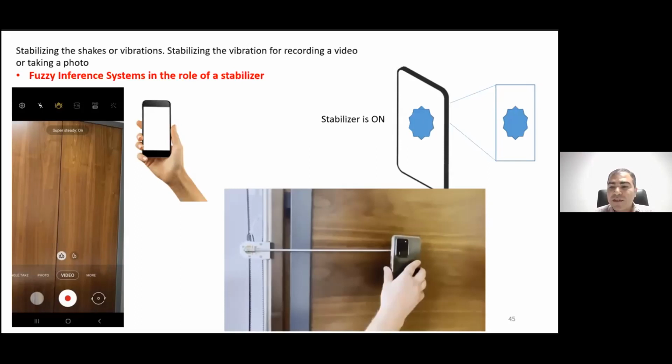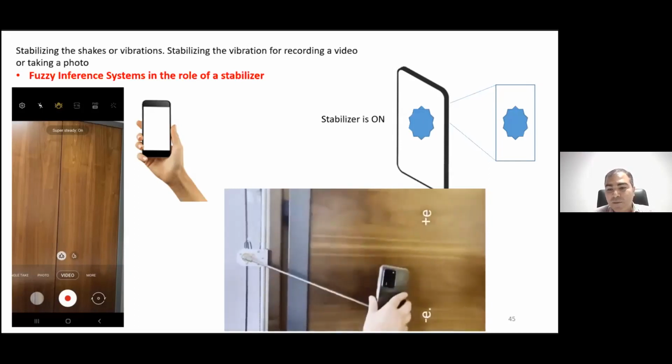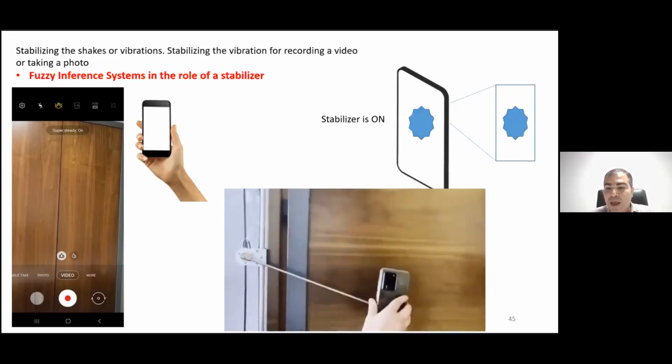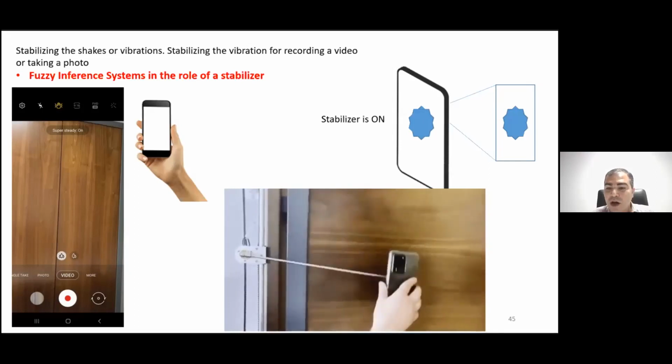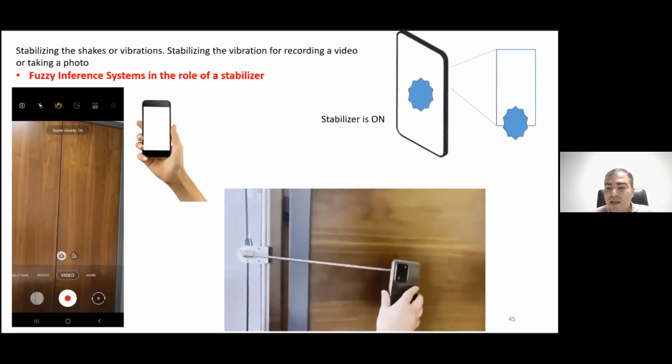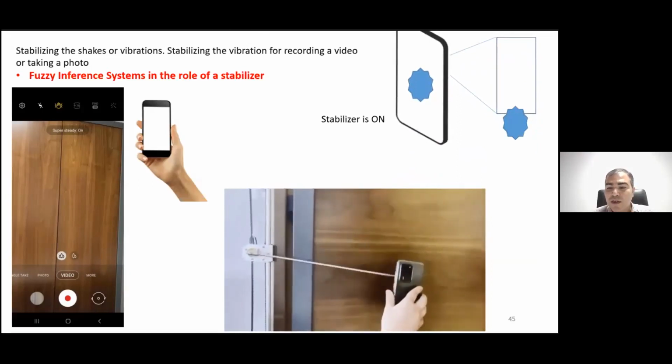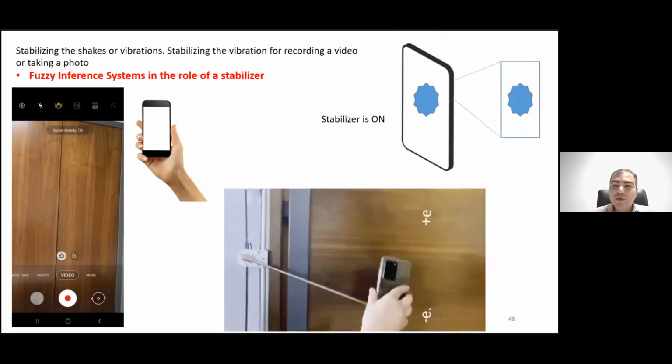A fuzzy inference system might be used and actually has been used for the stabilization of the video that is being recorded. In this case, the object that should be stabilized is the video or photo that is recorded or taken.